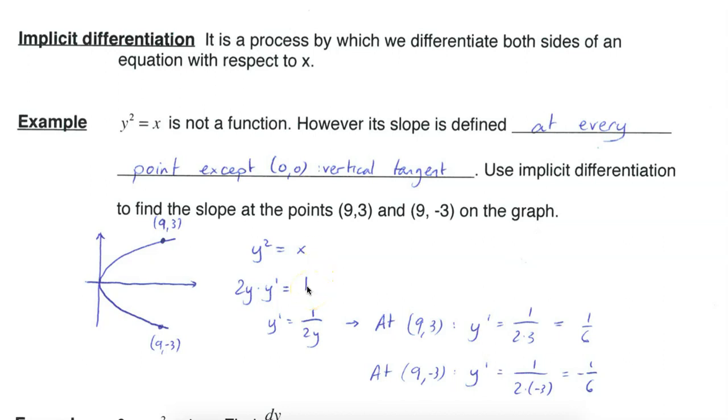On the other hand, when you take the derivative of y, something changes, because we're taking the derivative of y in terms of x. So the derivative of y squared is 2y, but then you have to multiply by y prime. Why is that? That is because y prime is the inside derivative.